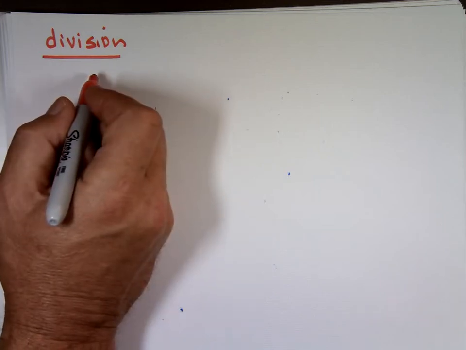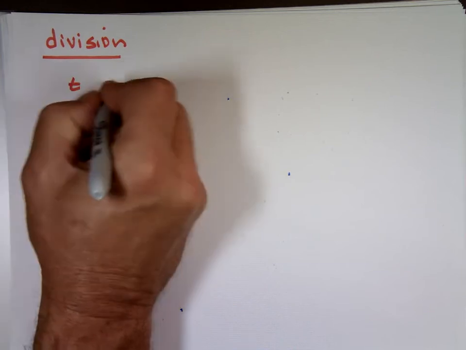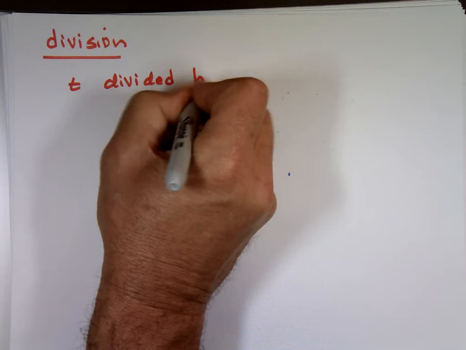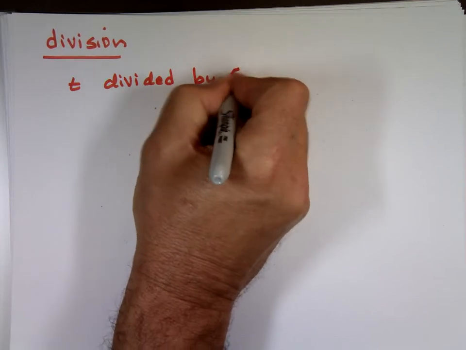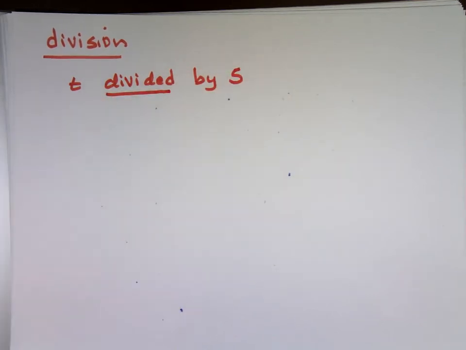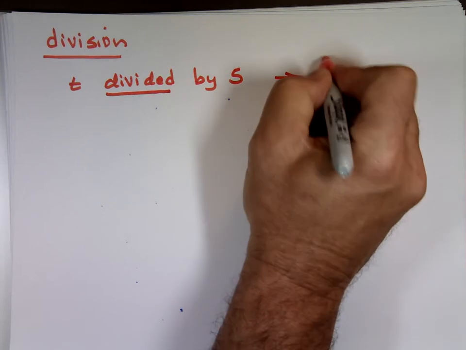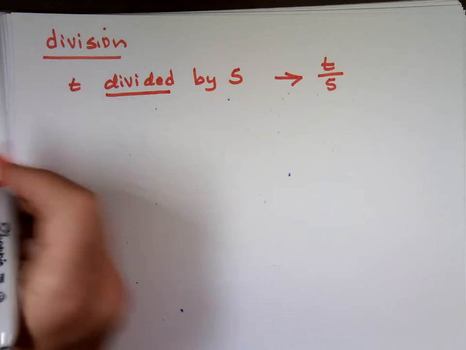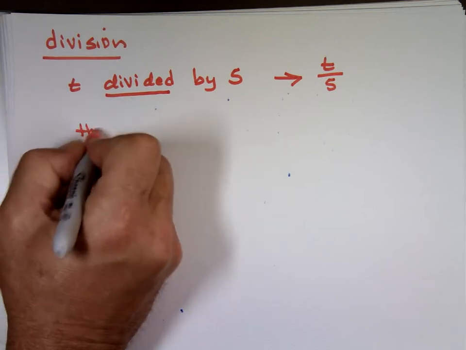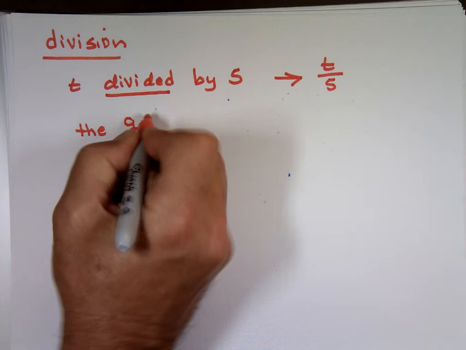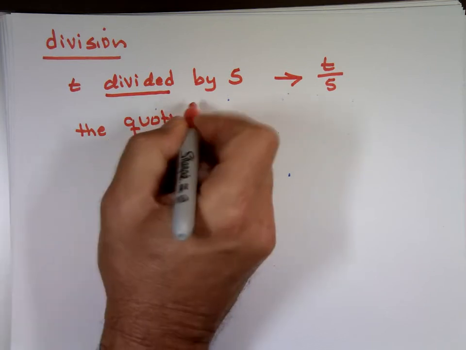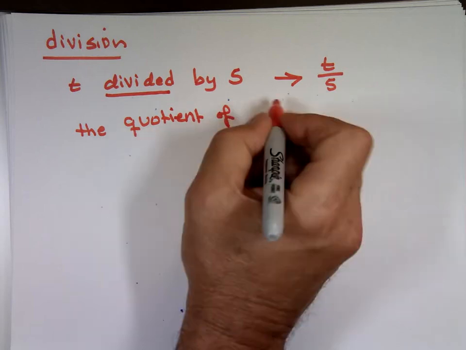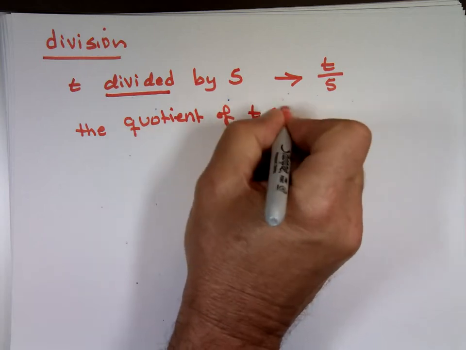So I might say t divided by 5. That will be what? T over 5. The quotient of t and 5.